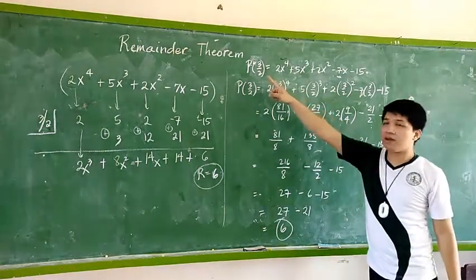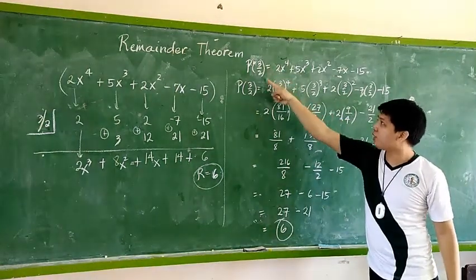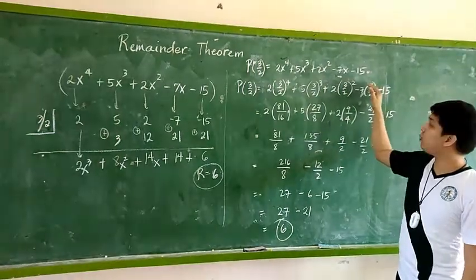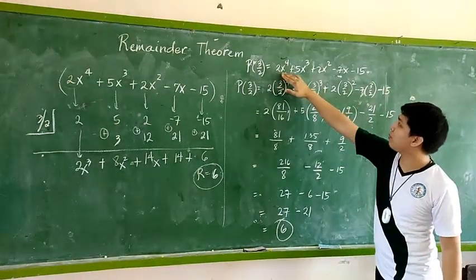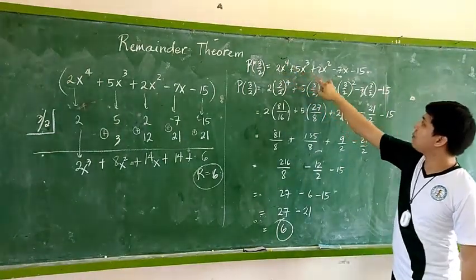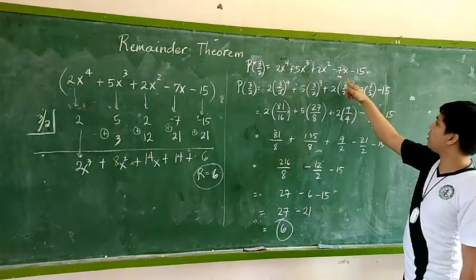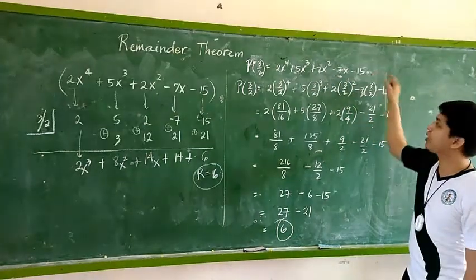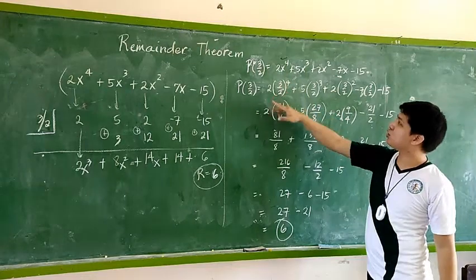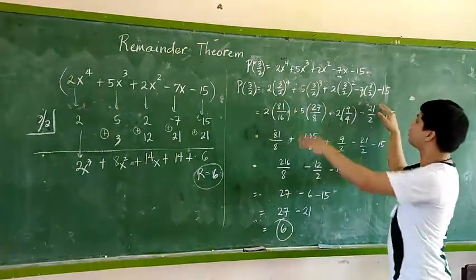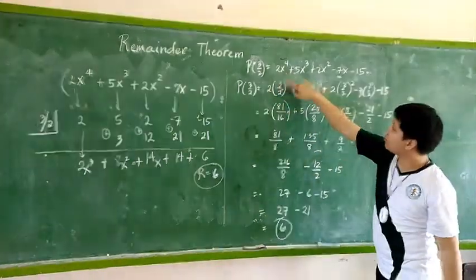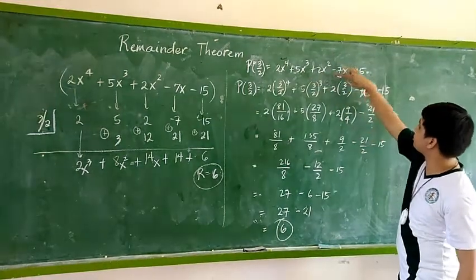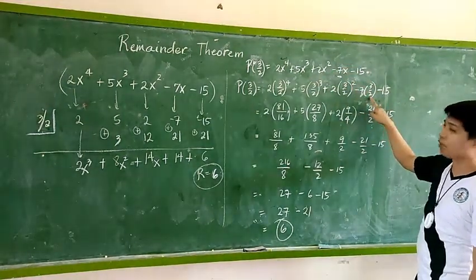So, substituting 3 over 2 in our given polynomial 2x to the 4th plus 5x cubed plus 2x squared minus 7x minus 15. So, we simply substitute 3 over 2 to all the values of x. Okay, substitute 3 over 2 here and also here.